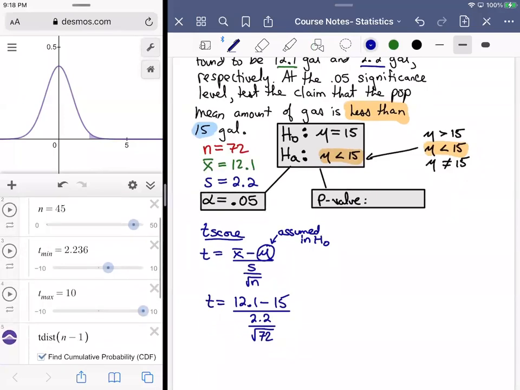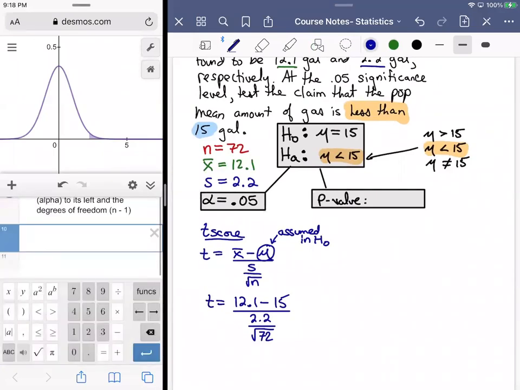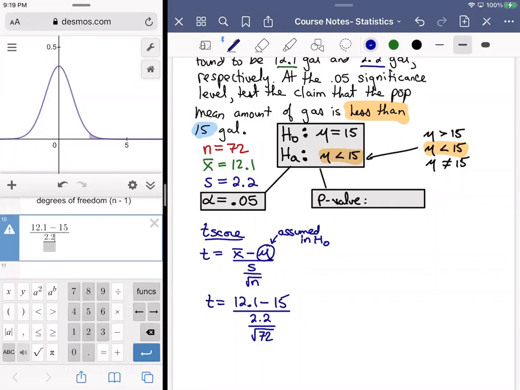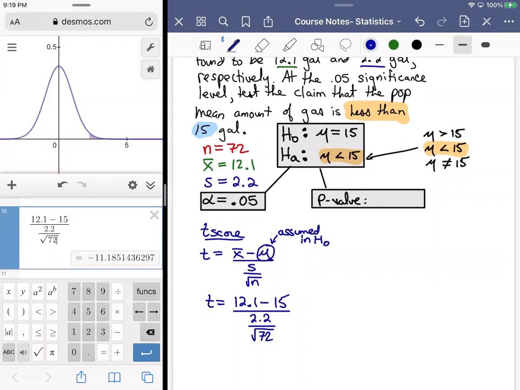So that stuff goes into Desmos. 12.1 minus 15, new fraction, 2.2 divided by the square root of 72. That's an astronomically small value. So t is going to be about, I'll use the approximate symbol, but we're going to round it anyway, negative 11.185.